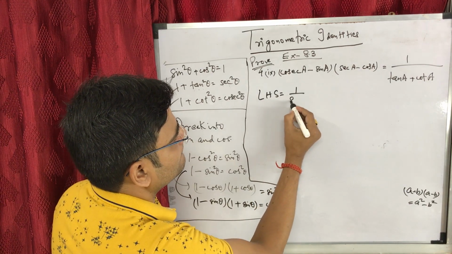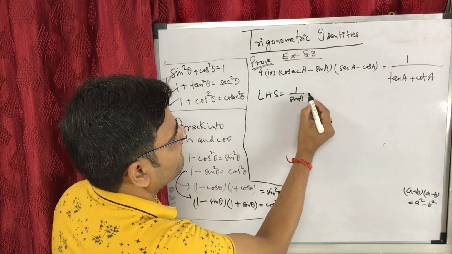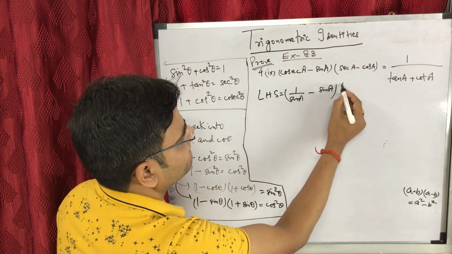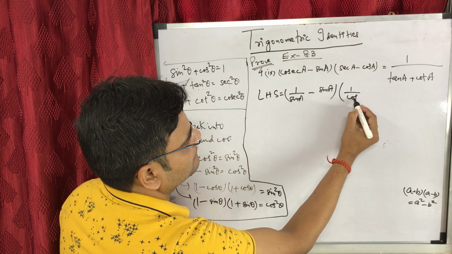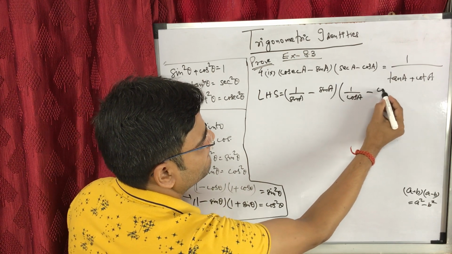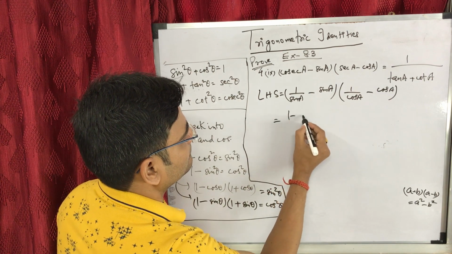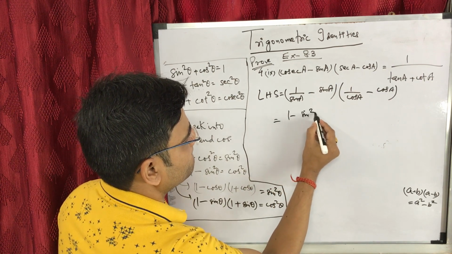Break into sine and cos, and the hint says that resolve LHS and RHS separately, which is not necessary.